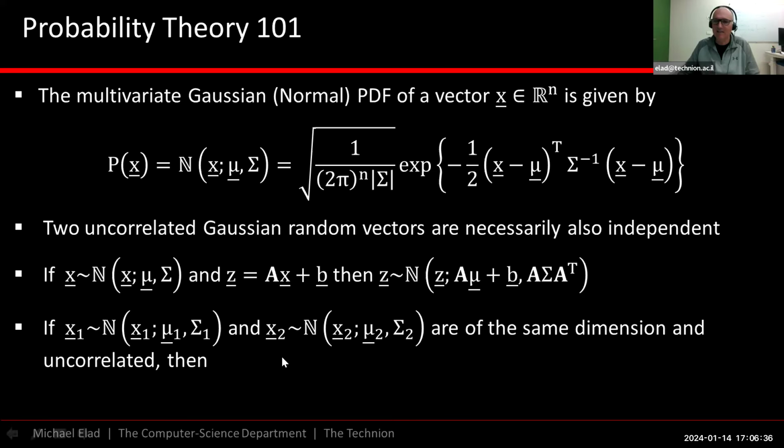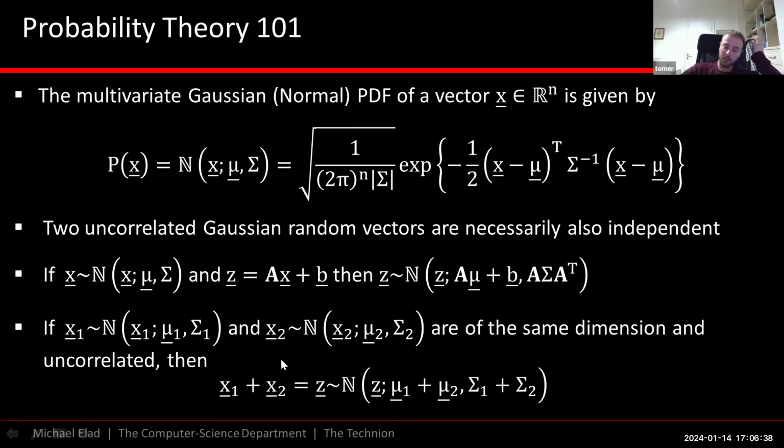Yeah, please. A Gaussian random variable. I'll get a Gaussian, not just a Gaussian. The Gaussian will be very simple. The mean will be the sum of the means. The covariance will be the sum of the covariances. Notice that just two slides ago, I told you that when we take two independent vectors and sum them, we get a convolution of the distributions. But here is what's happening here. Convolution of a Gaussian with a Gaussian is a Gaussian. So this is exactly what happened here.